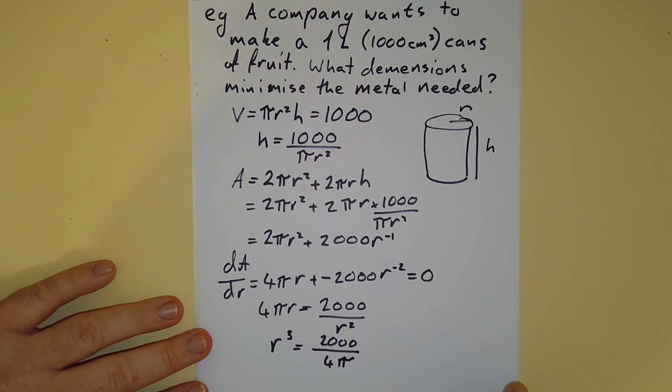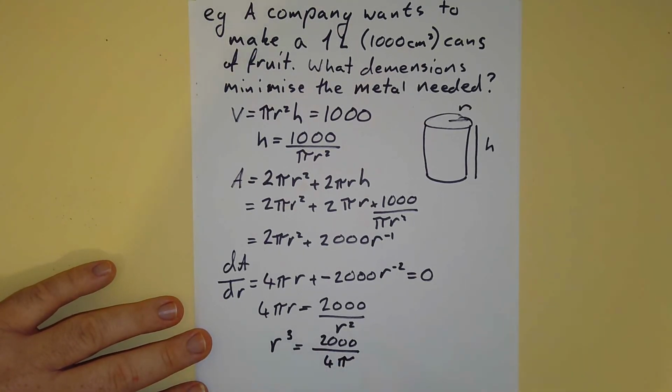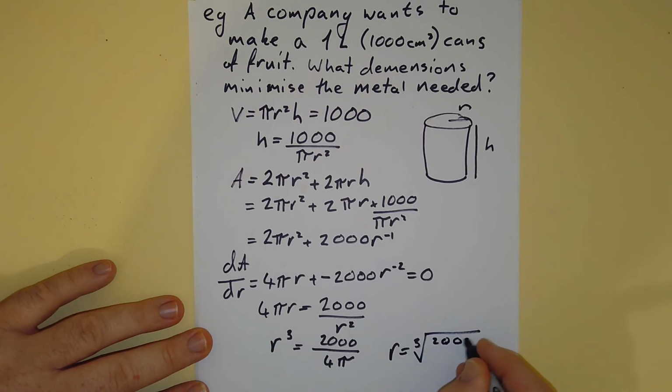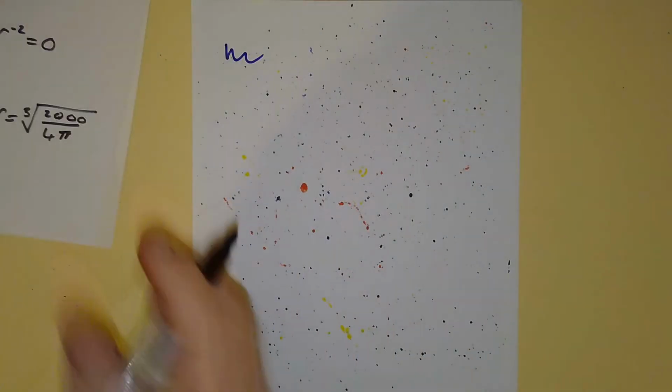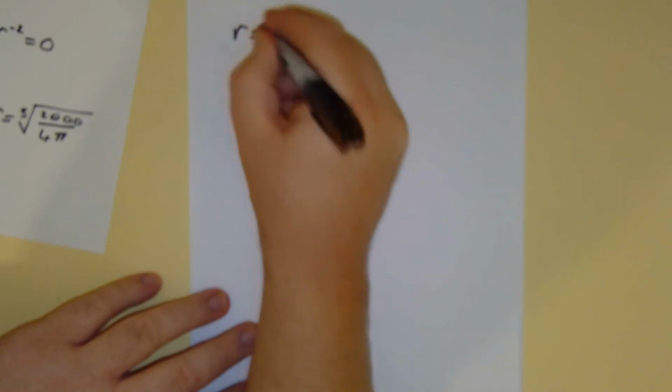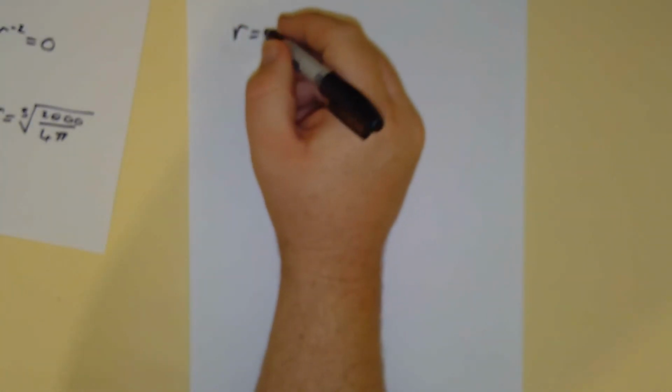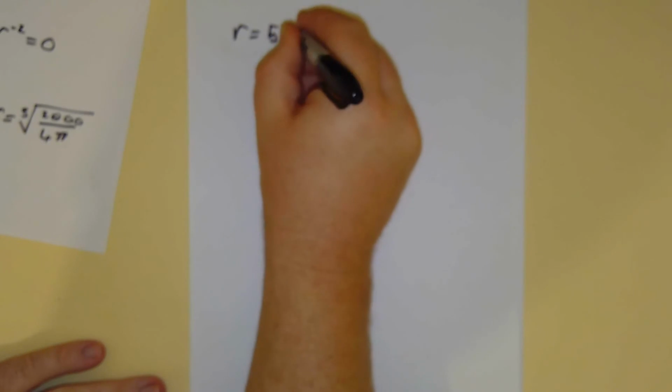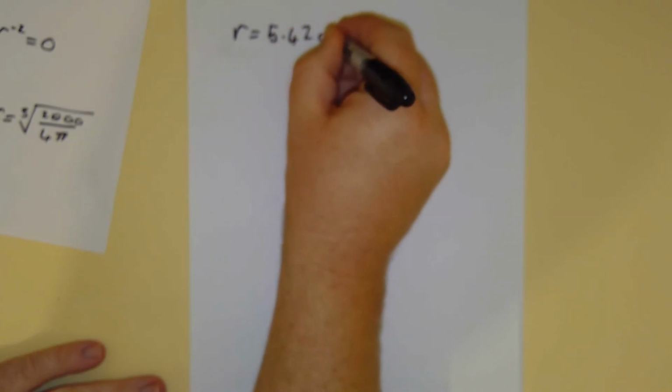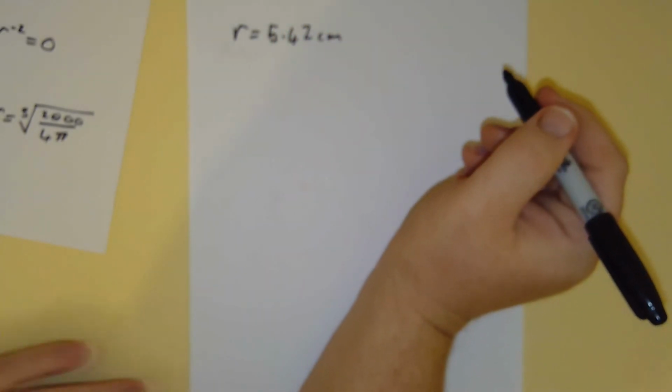We might just finish that off on the next page. I can probably put it over here. So r equals the cube root of whatever this is. If I put that in my calculator, I find that my stationary point is when r equals 5.42 centimeters to two decimal places.